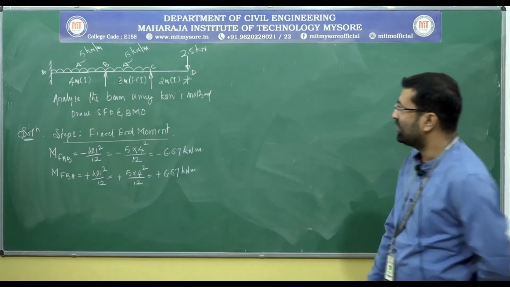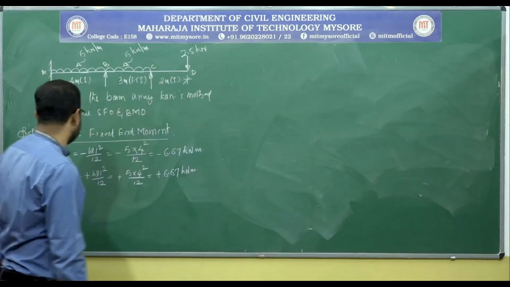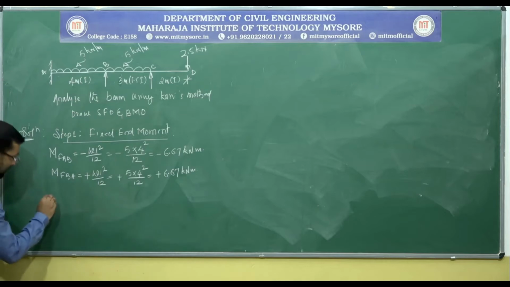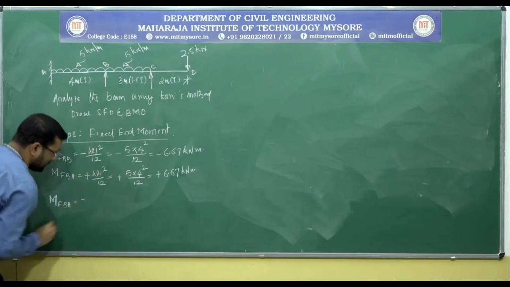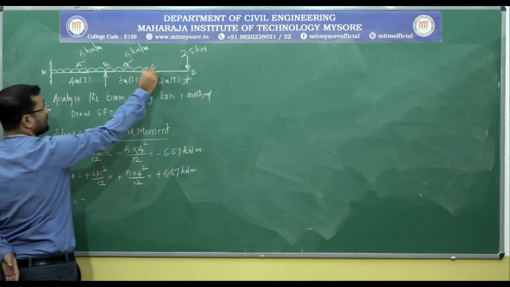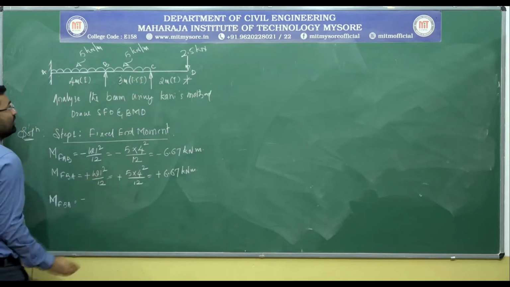Now similarly we will work out the fixed end moments for span BC, that is MFBC and MFCB. For MFBC, as the load on span BC is UDL, we use the same formula.